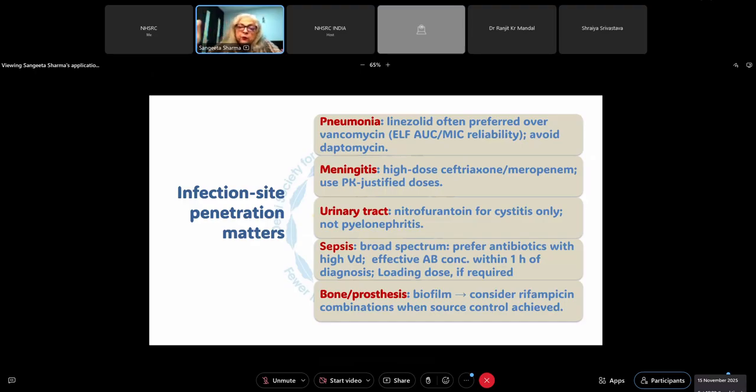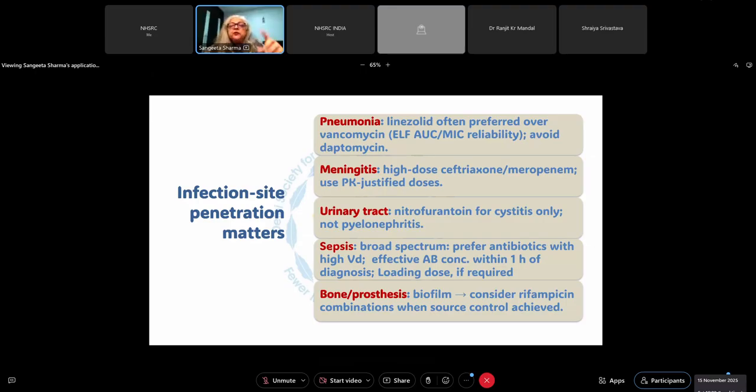But one more thing from the stewardship angle is that when you start these antibiotics, one must take the sample for microbiological testing before giving the first dose of antibiotic. Even a single dose of antibiotic can render your microbiology analysis negative; you will find no growth, and a sterile sample is reported.